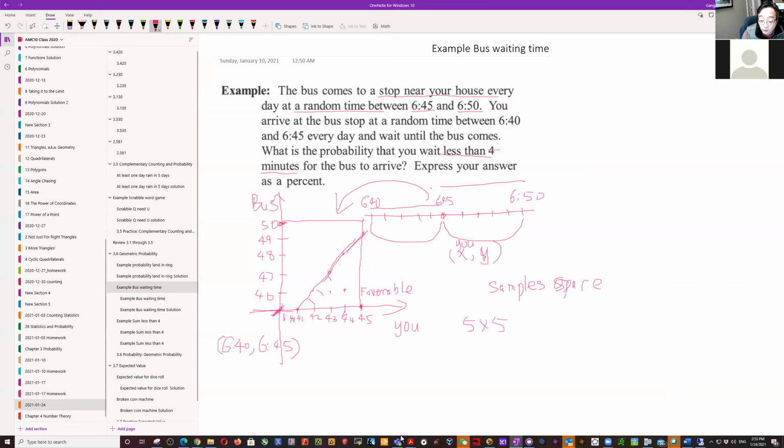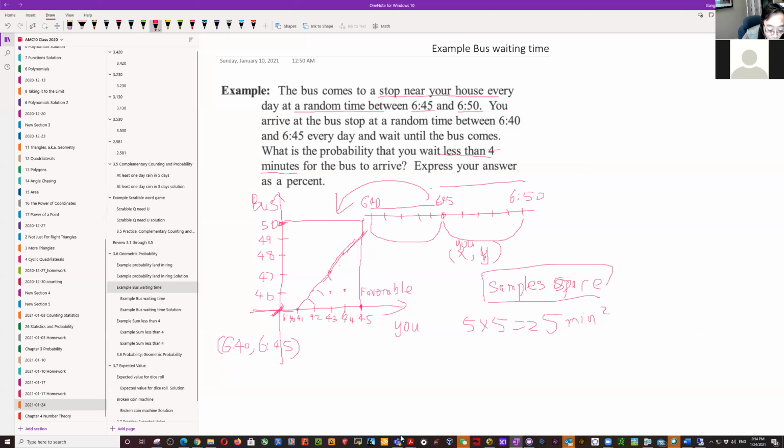So the total sample space by area is 5x5 equals 25. And 25 what? If you really want to give a name, you can call it minute squared, because both sides are labeled by minutes.